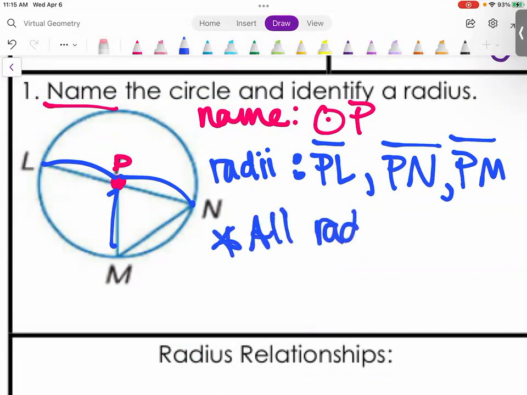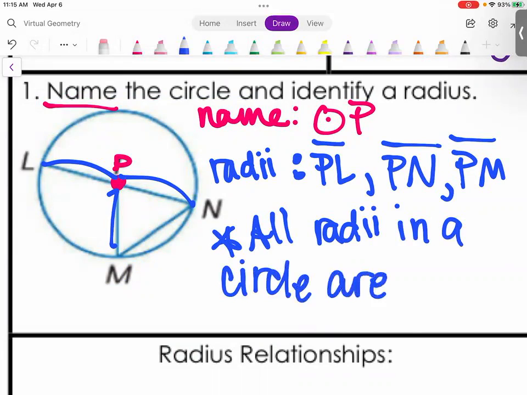And just keep in mind, all radii in a circle are going to be congruent, because they're all going to be the same length. So just keep that little bit in mind, because if I know P to L, I also know P to N and P to M.